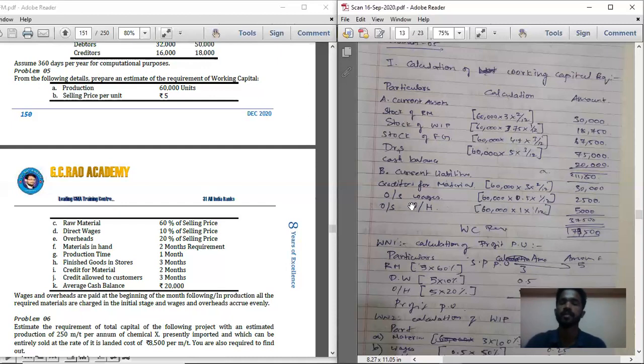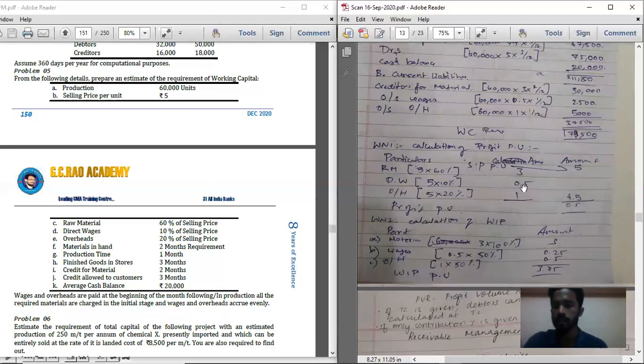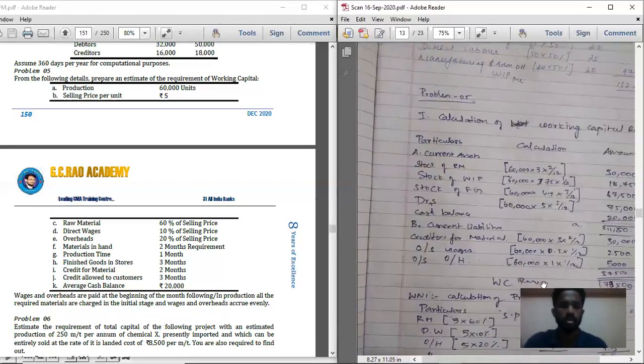Below that, outstanding wages. What is the wage cost? Direct wages cost 0.5 rupees. The time allowed is 1 month, because wages and overheads are paid at the beginning of the following month. For April, they'll pay in May; for May, they'll pay in June.